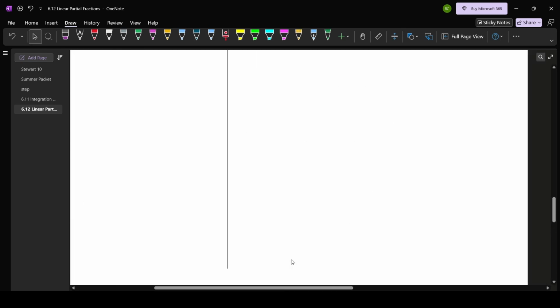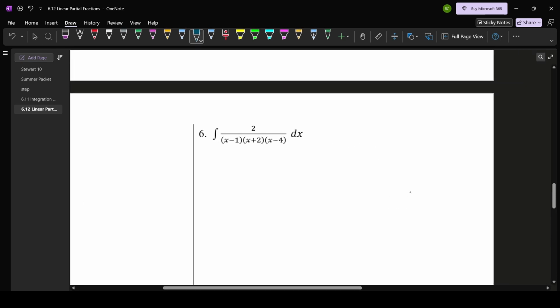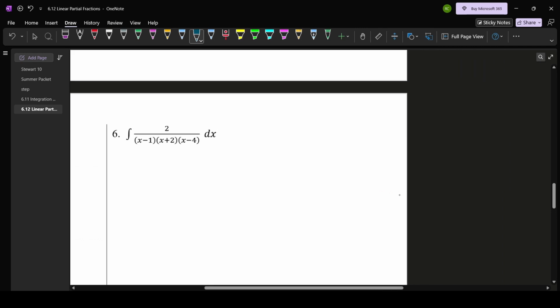Number 6, because we have 3 linear factors here, so we can split this into 3 separate fractions.